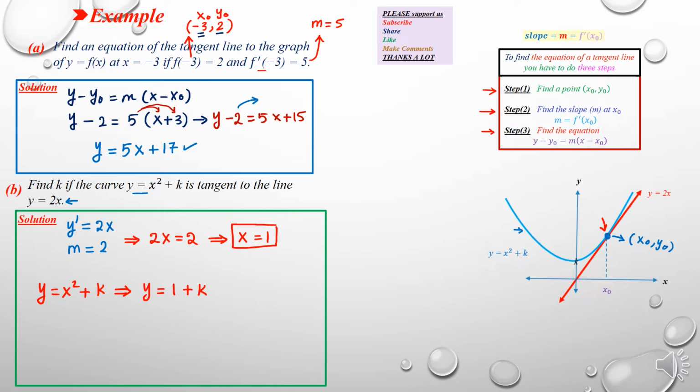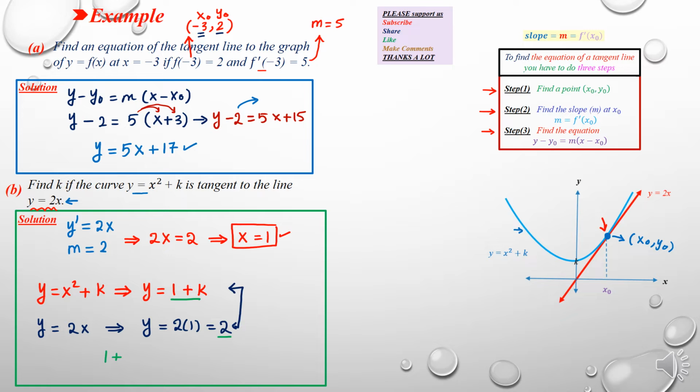Now plug in again x equals 1 in the equation of the tangent line, y equals 2x, and you will get y equals 2 times 1, which is 2. Now these two quantities are equal because the tangency point is common between the curve and the tangent line. So put them equal, you will get 1 plus k equals 2.